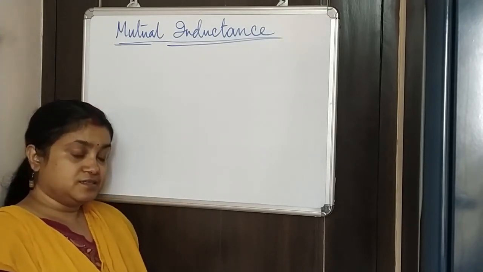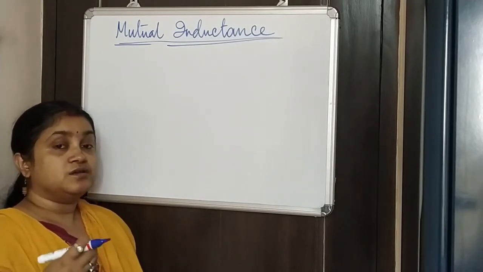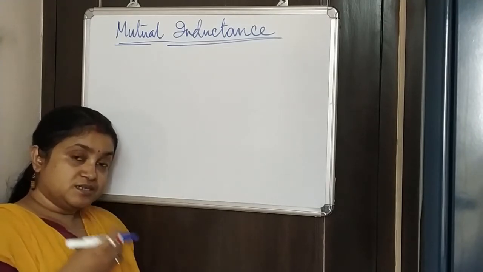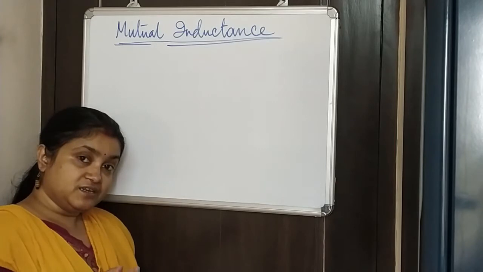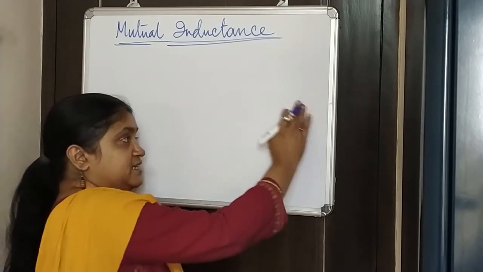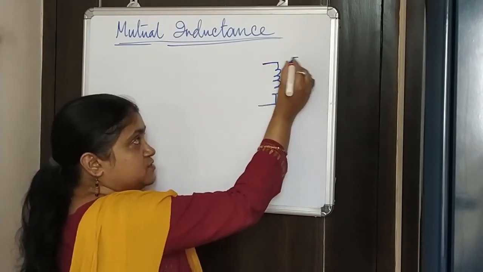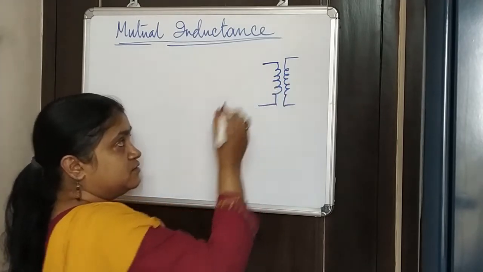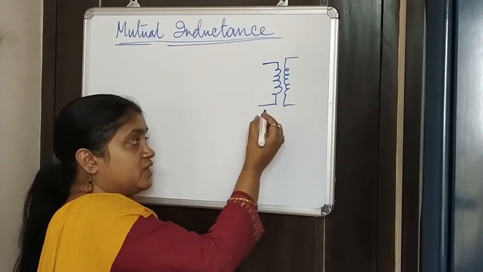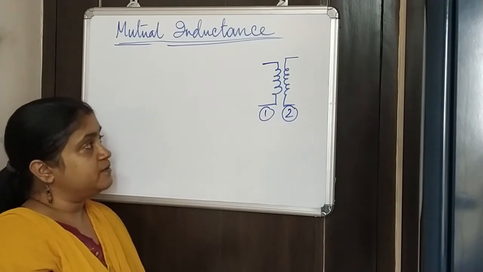Now in mutual inductance, the current that is induced is due to a change of current in another coil. Suppose there are two coils, one called the primary coil and another called the secondary coil.